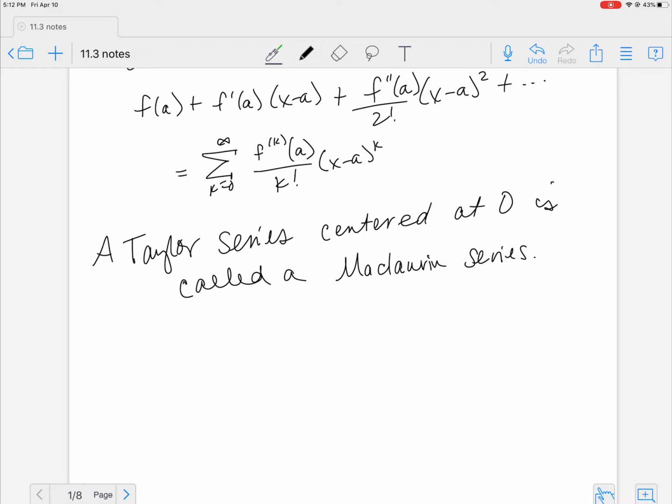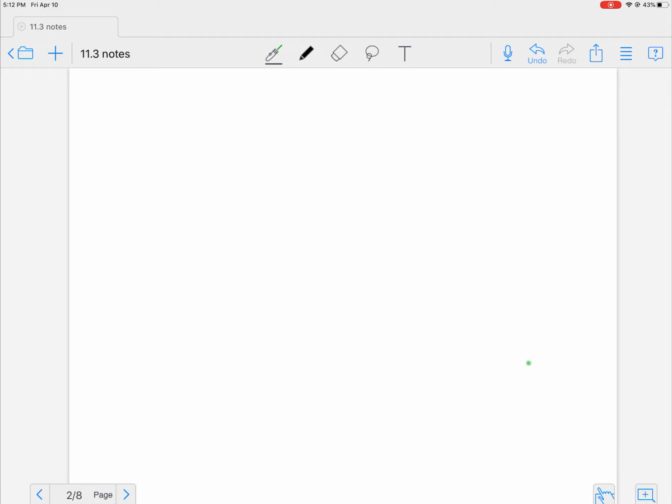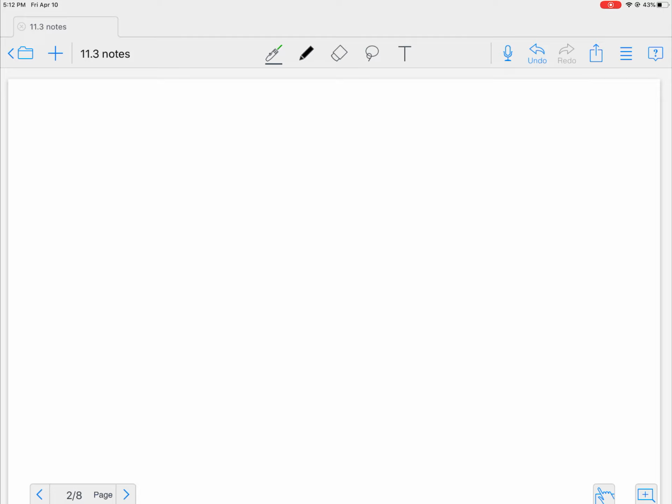All right, let's do some examples. I'm going to come to this new page because they take some room. Here's example 1. We want to find the Maclaurin series and the interval of convergence.